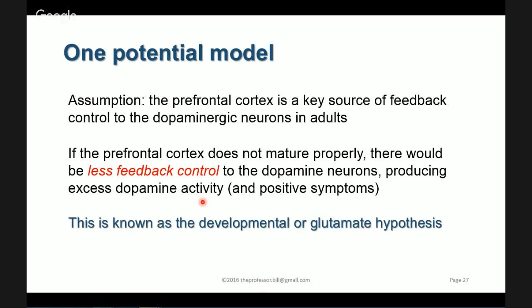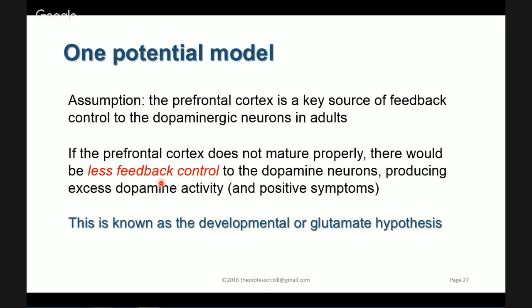So the theory is that somehow there is an abnormal development, and it doesn't explain where that abnormal development comes from, but it tries to explain the positive and negative symptoms. The prefrontal cortex, for whatever reasons, doesn't mature properly, and because it doesn't mature properly, it does not have as much feedback onto the dopaminergic neurons, leading them to have more dopamine release than they normally should have.